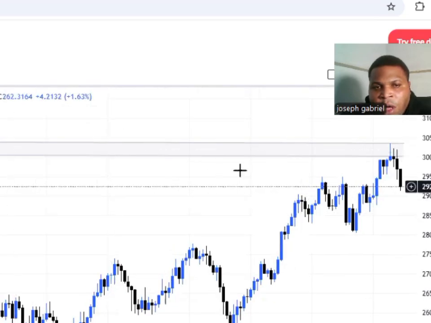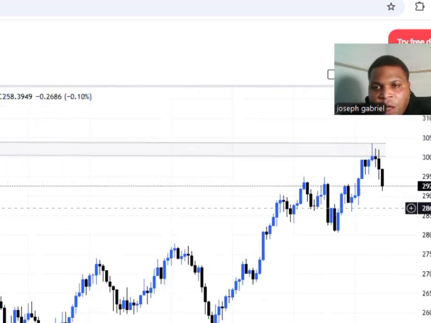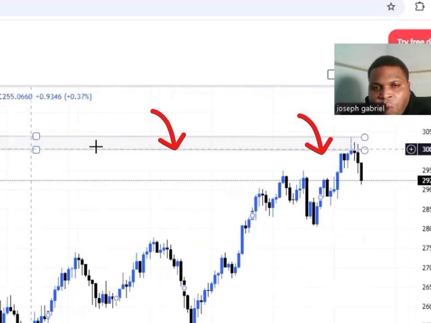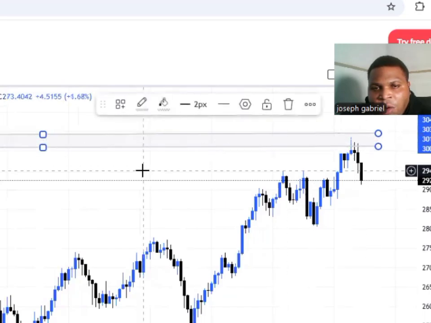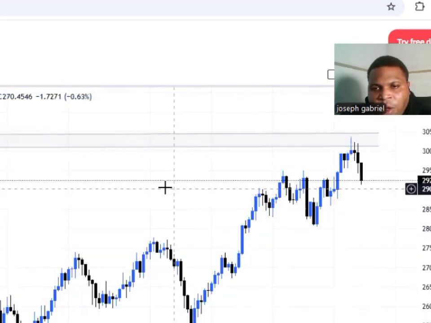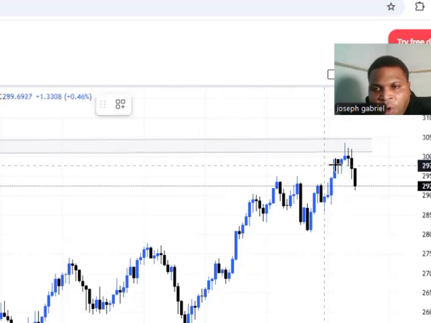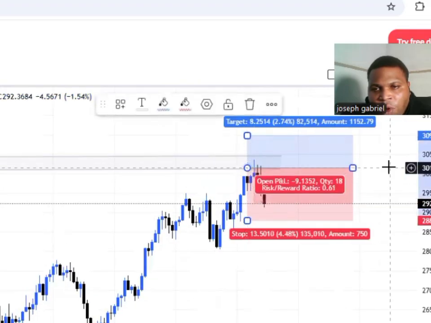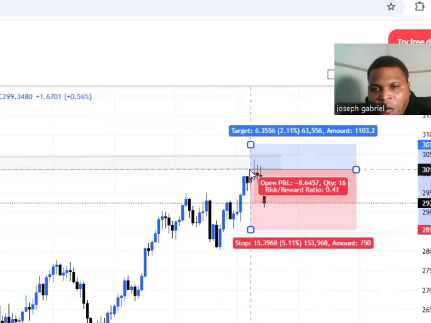So now if you look at the chart here right now, guys, you'll see that this market is actually on a resistance zone. So what I do is I want to place, let's say I want to enter this sell right now. So what I'm going to do is I'm going to look for these two here, because if you look here, it helps to check your stop loss.